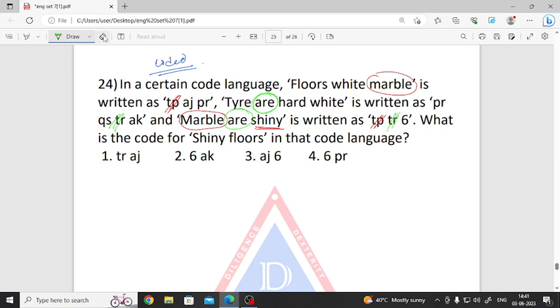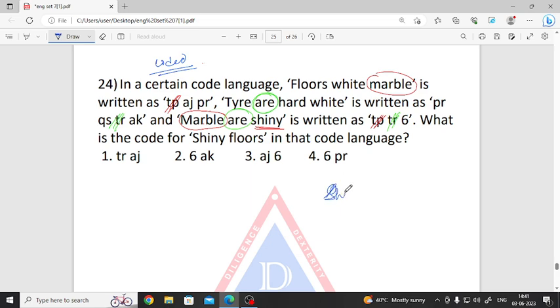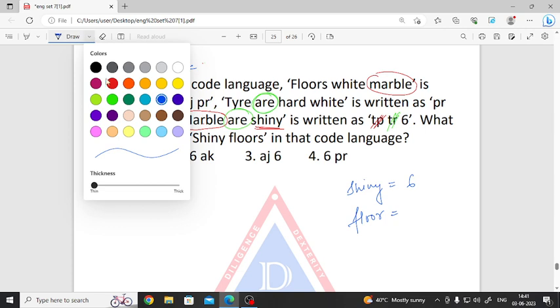So what is the code for shiny? We can see 6. And what we require? Floor. Floor 6. That means option 1 is eliminated. Rest of the 3 should anyway be there.